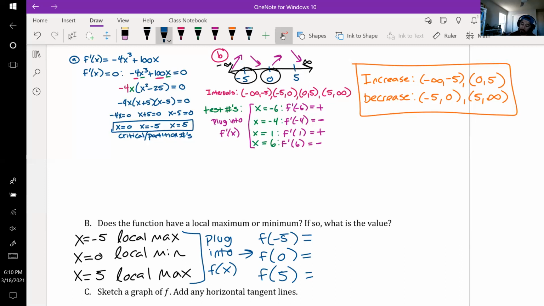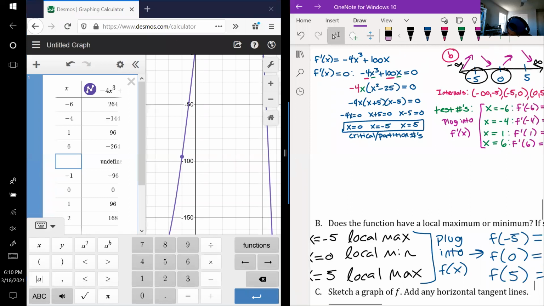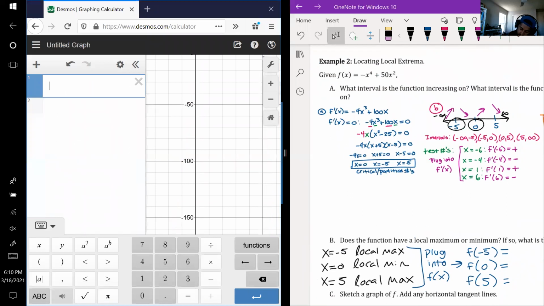Desmos, all right, don't freak out. Let's do this. Where's my original function?